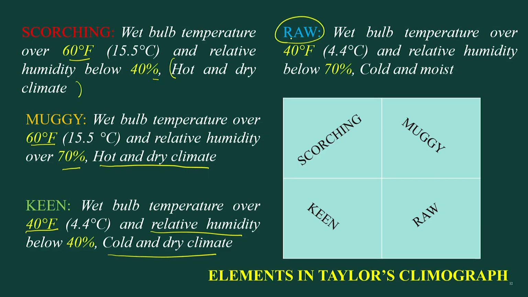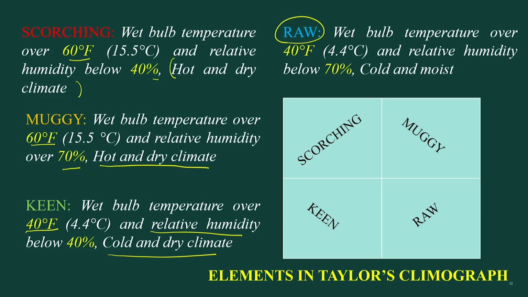Next, coming to the raw, the last corner of the graph, it explains that regions which are recording wet bulb temperature over 40 degree Fahrenheit, that is 4.4 degree Celsius, and relative humidity below 70%. Earlier in keen we saw it is below 40%, and here it is below 70%. So, these regions are known as cold and moist climate.